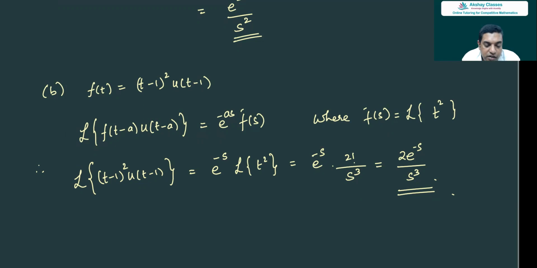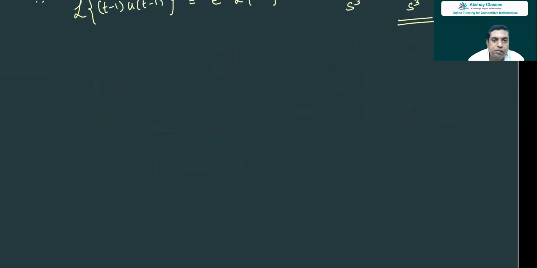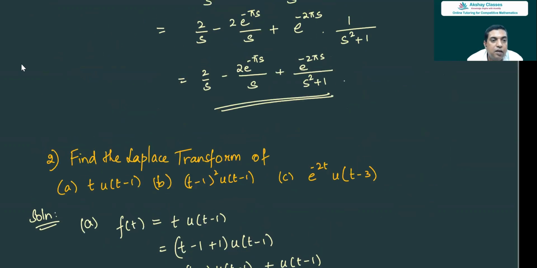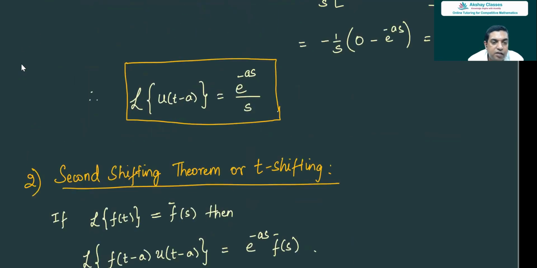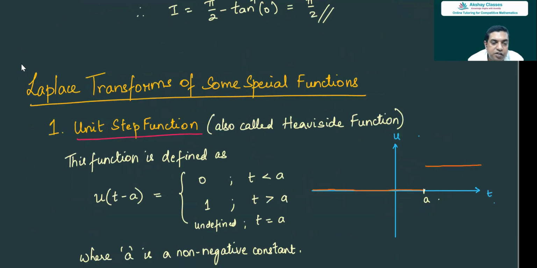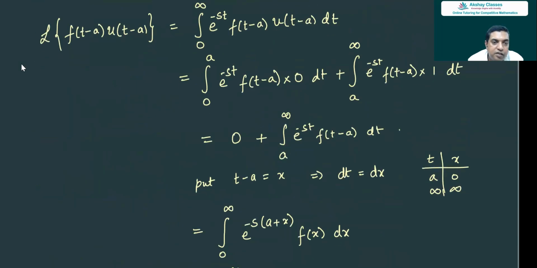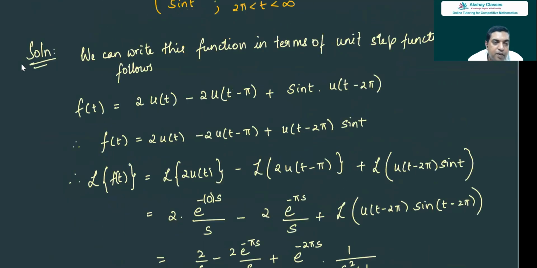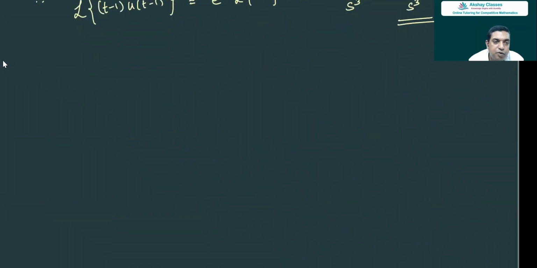Now we will do unit impulse function. Next one is the second part. This was totally on the unit step function and the associated property. Next, we move to the next property.